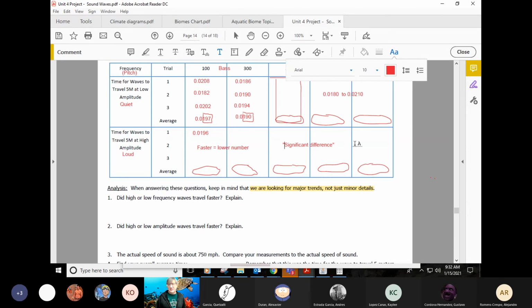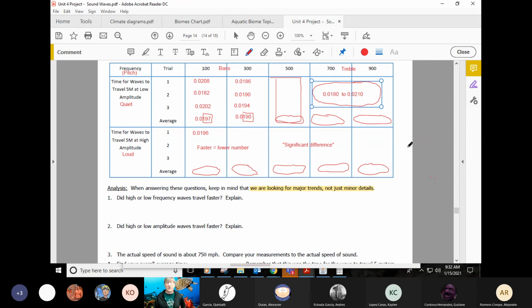Again, from what I seem to have noticed while we were gathering our data, every time the number ended up somewhere in here between 180 and 210. And I'm guessing most of your averages are in the 190 something range. So is there really any difference in the speed of sound for a quiet sound or a loud sound?